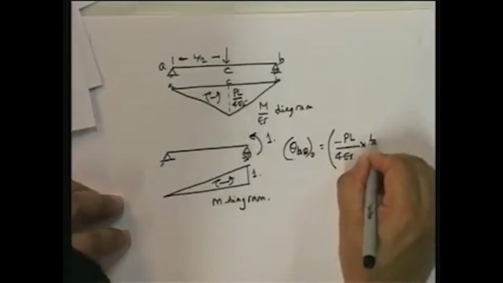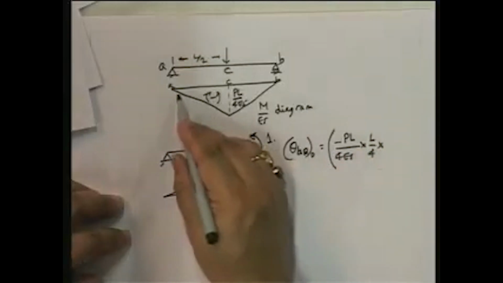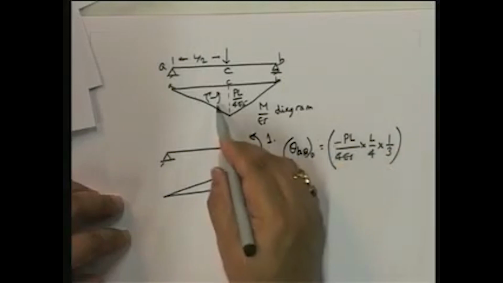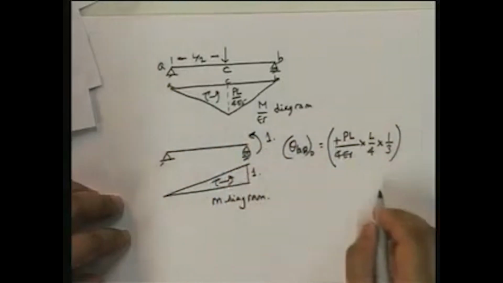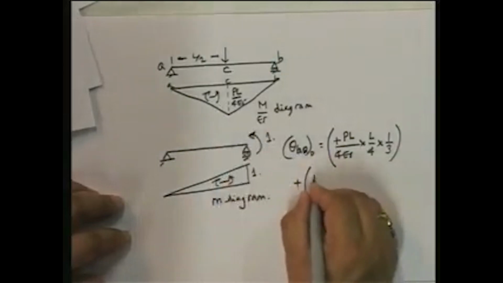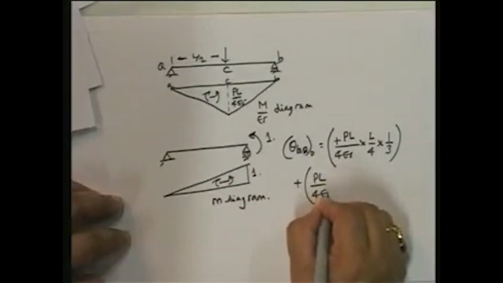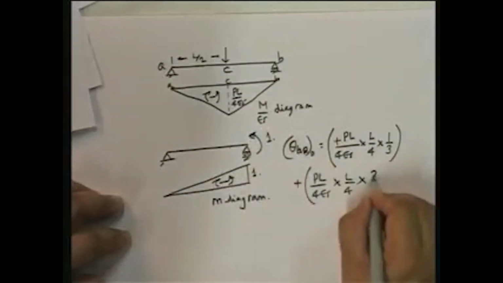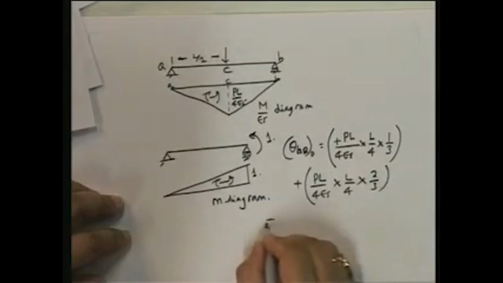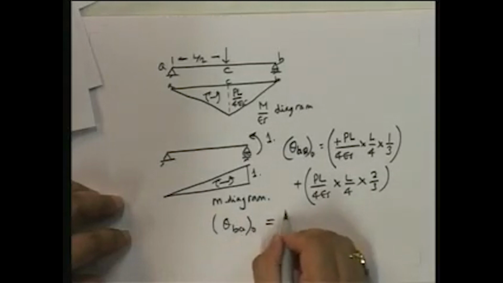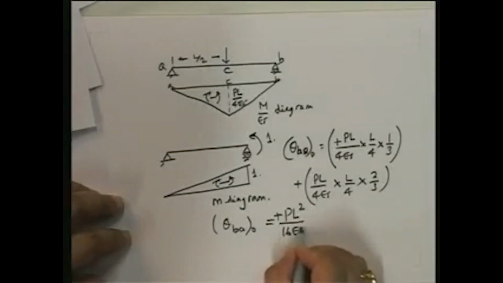I'm just going to write down L by 4. So if I take this, it's going to be 1 by 3. And note that both of them are plus, because both of them are the same sign. Plus PL upon 4 EI into L by 4, that is this part is going to be 2 by 3, and therefore theta BA 0 is going to be plus PL squared upon 16 EI.